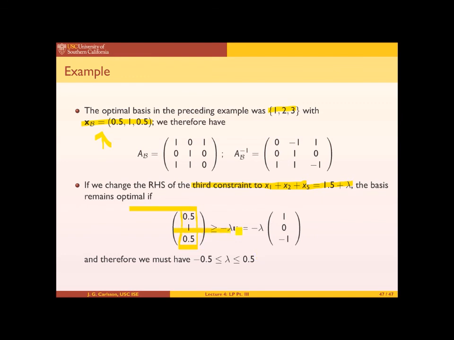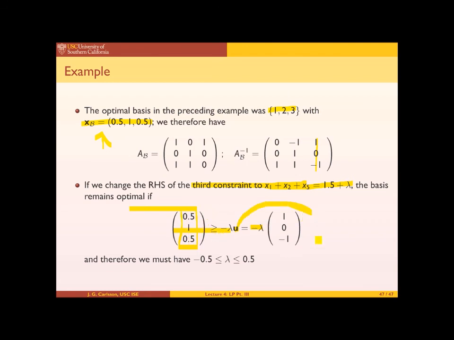And u, again, since we're varying the third constraint, is the third column of AB inverse. So what has to be true about lambda in order for this vector to be greater than or equal to that vector?